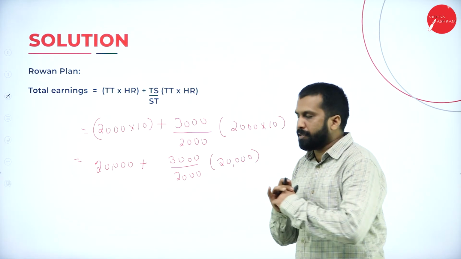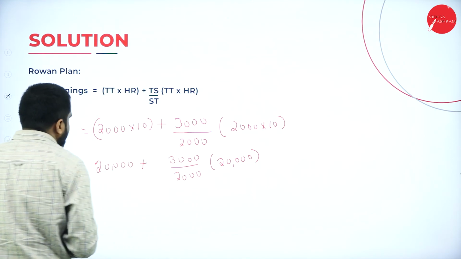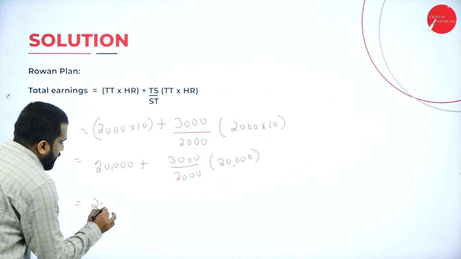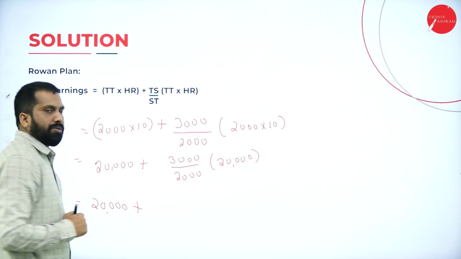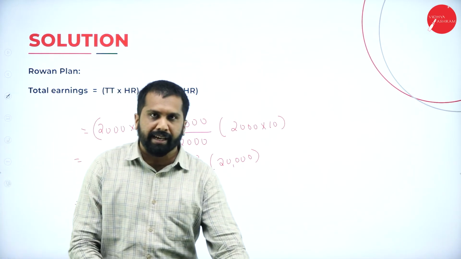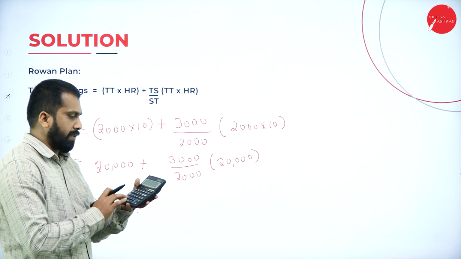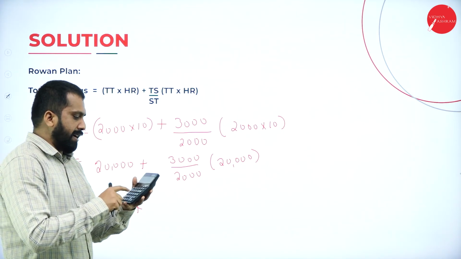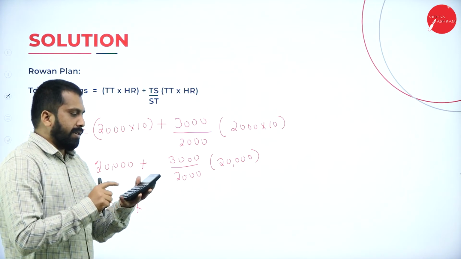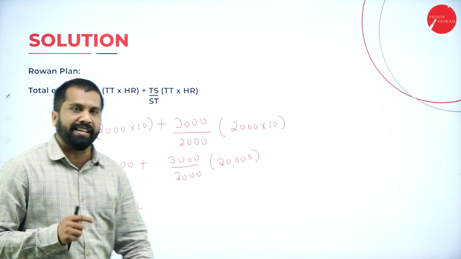Hope you are clear. I am going step by step. 20,000 will remain as it is, plus 3,000 divided by 2,000. How to calculate? I'll calculate. 3,000 divided by 2,000, I got 1.50.